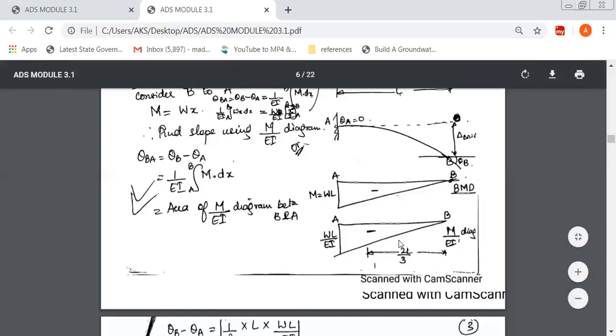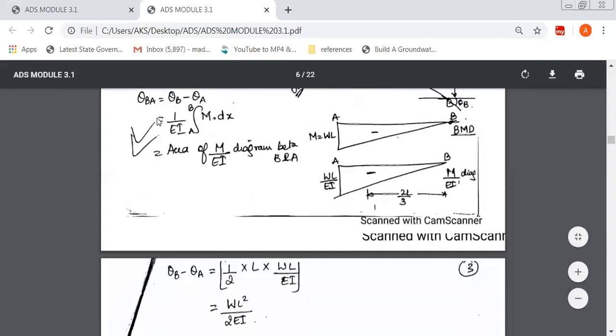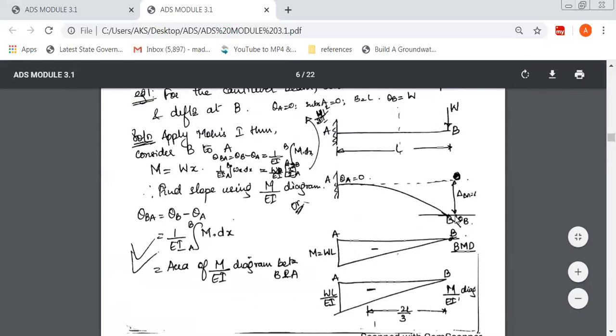Okay, after drawing all these diagrams, now directly we can use the two theorems to find out the slope as well as deflection. Now if you want to find theta B, we'll always mark this theta B with respect to theta A. Likewise, delta B with respect to delta A. Now, theta B to A, if you want to find how much this deflection is, we know that we have already put the boundary conditions here that theta A is 0 and delta A is also 0 because it's a fixed support.